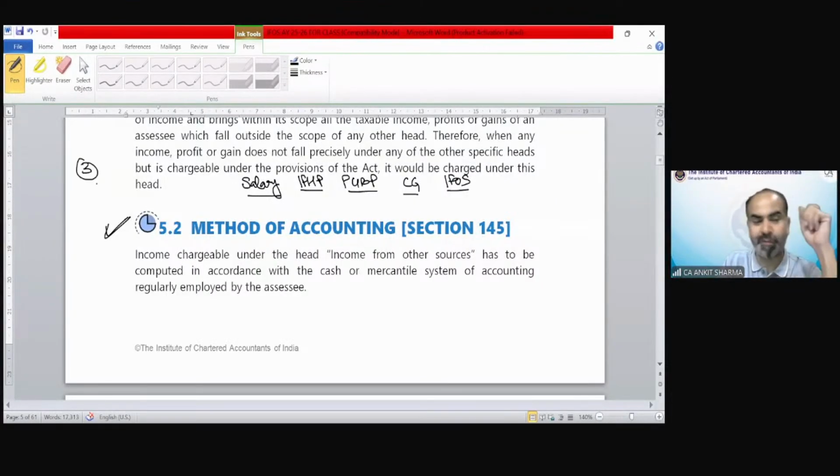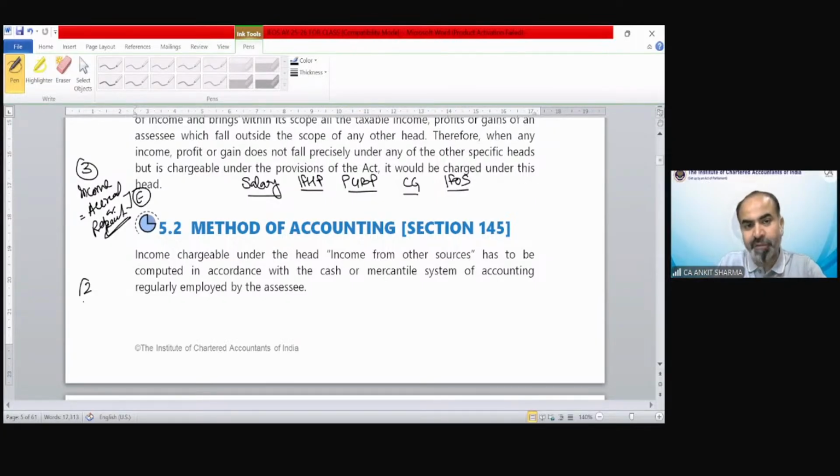Out of these 5 heads, in 3 heads the income needs to be taxed on accrual or receipt, whichever is earlier. That means you can choose the method of accounting on the basis of the mercantile system of accounting or cash system, whichever is earlier.